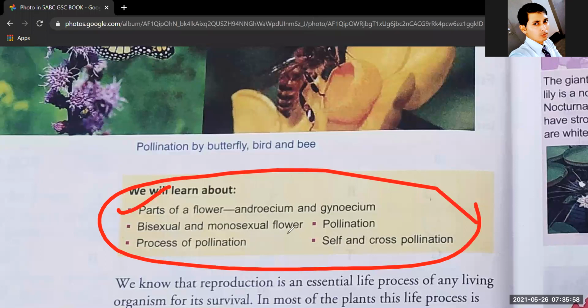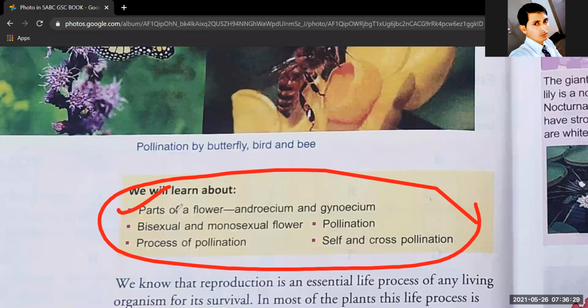Bisexual and unisexual flowers. So many kinds of flowers are there in the world. We are going to study the types of flowers and how they live, what the features are and what the benefits are.